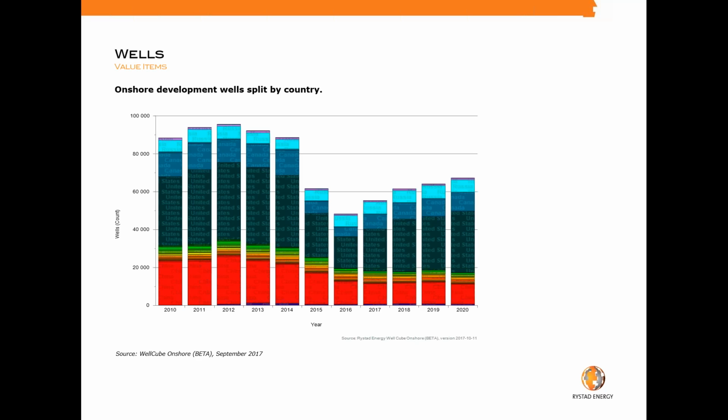For development purposes, the wells includes producers, injectors, and other wells. For exploration purposes, it includes wildcats and appraisal wells. As you also see from the chart, we have historic numbers up until today and also a forecast. The historic well numbers are calibrated against open sources.